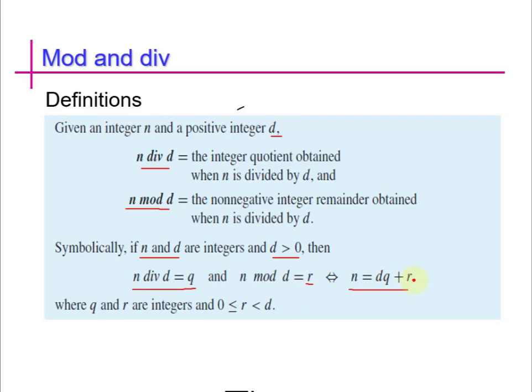We know by the quotient remainder theorem that when we divide n by some number d, we get this result where q is the quotient and r is the remainder. So q and r are unique integers here, and r is less than d and greater than or equal to 0.